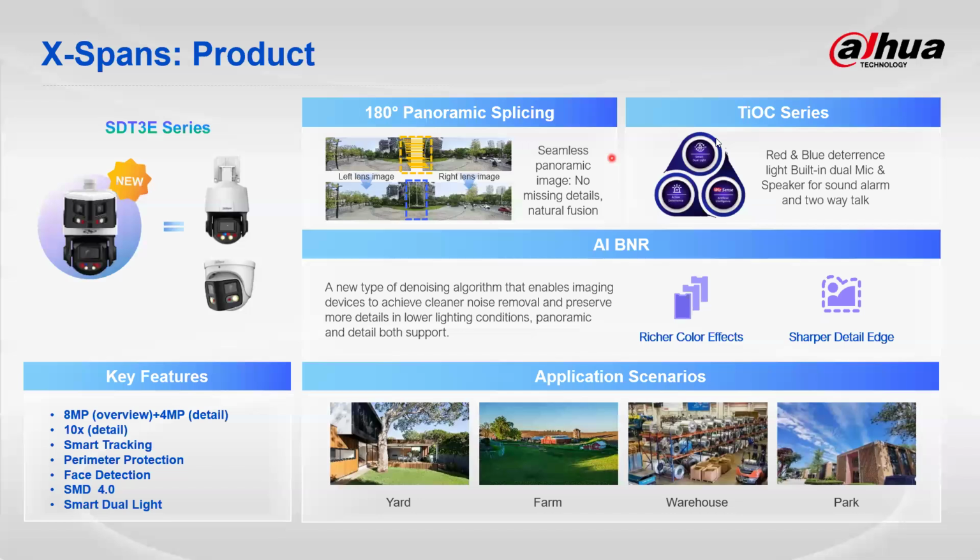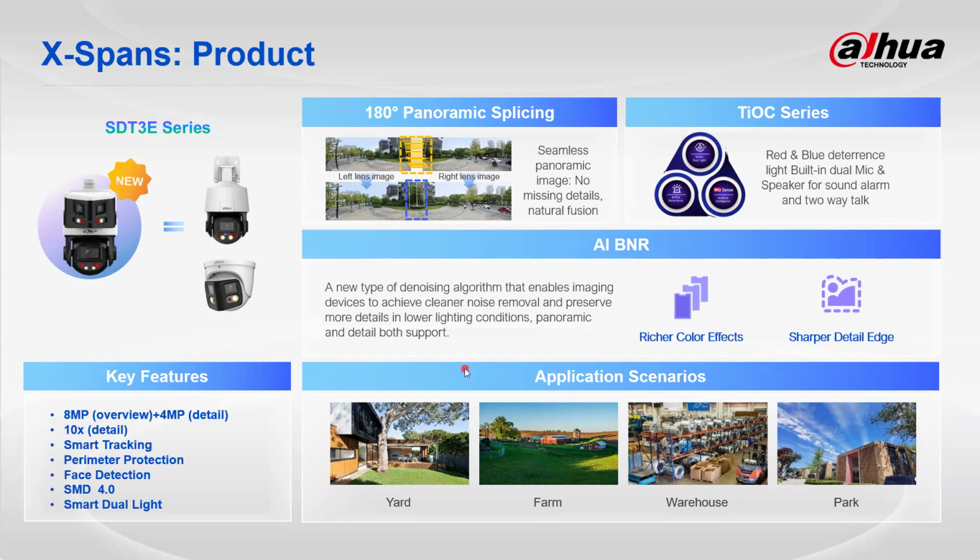Then the TAC has three distinct technologies. That's the smart dual lighting function, support for active deterrence features, and artificial intelligence features. Then on this particular part here, we have other technologies such as the AI BNR function, that's for generating better images that have rich color effects and sharper details at the edges of those images.